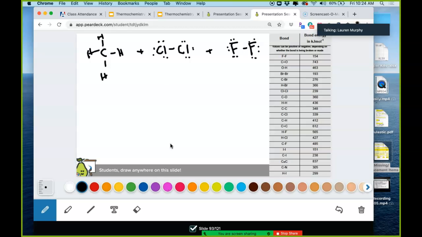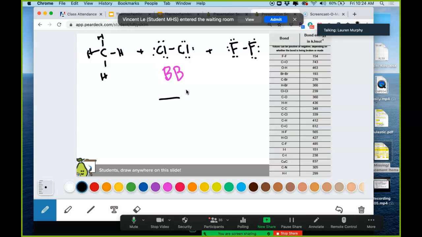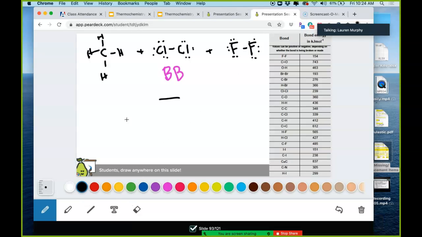This is our bonds broken, minus, so bonds formed is this guy. These dots I'm drawing are called lone pairs. I don't need you to know what they are right now, but you will know soon. They aren't relevant in terms of what we're doing right now.